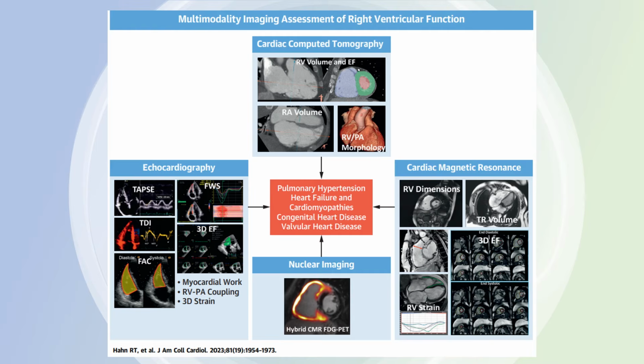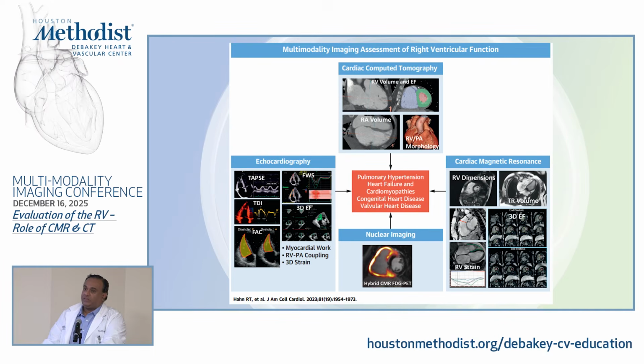You heard about that last week. For CT, similar to MRI, we're looking at RV volumes and ejection fractions. And also, remember, CT has very good anatomical delineation of the neighboring structures. So especially in valvular and congenital heart disease cases, you can look at the connections of the different chambers and the valves very nicely as well.